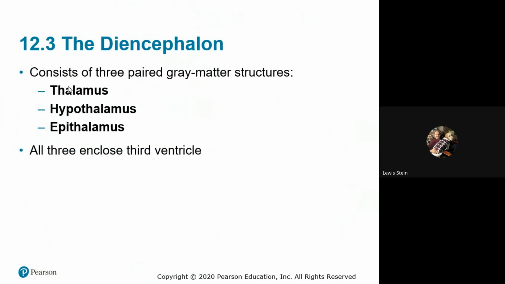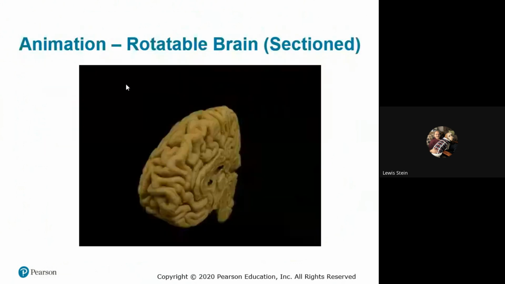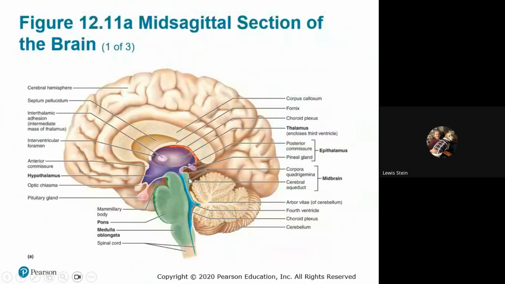Okay, and now the diencephalon, you'll see this. This is called the mid-sagittal hemisection, right down that sagittal fissure, whatever they call it, who cares? Once you see this, an egg-like structure, that's the thalamus.